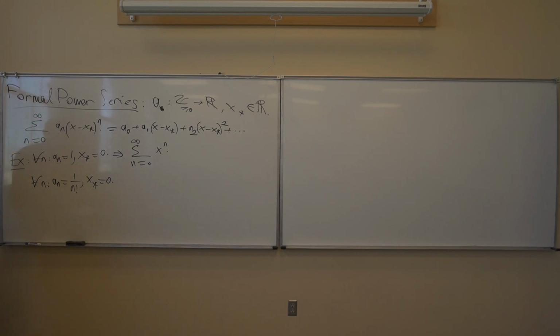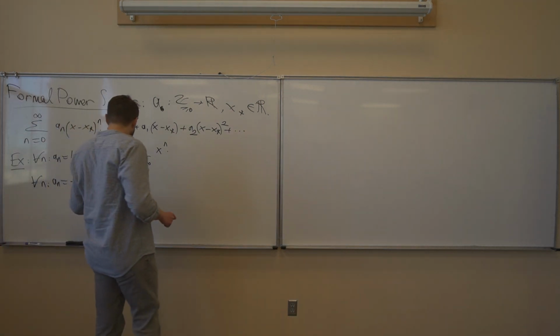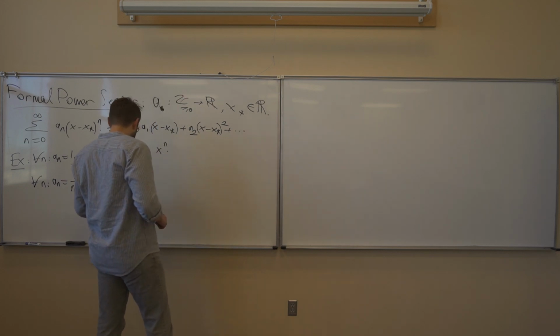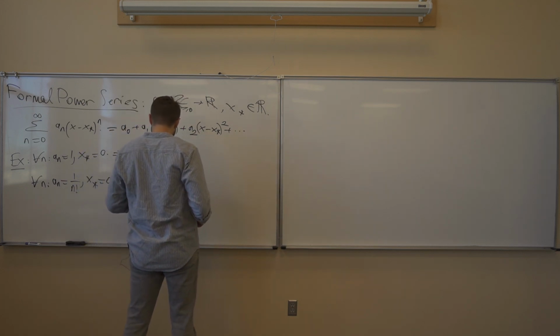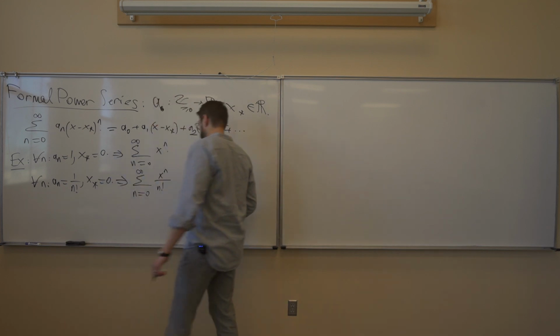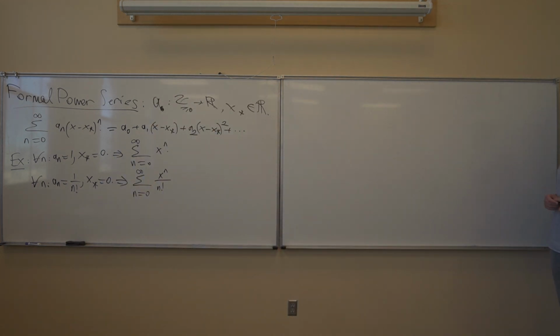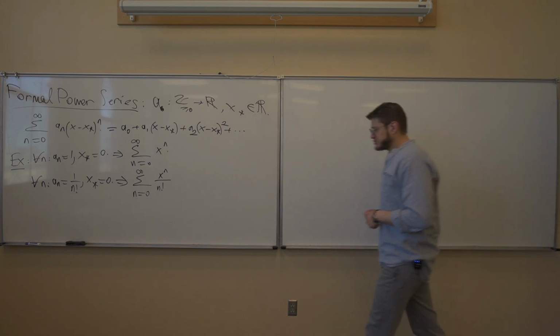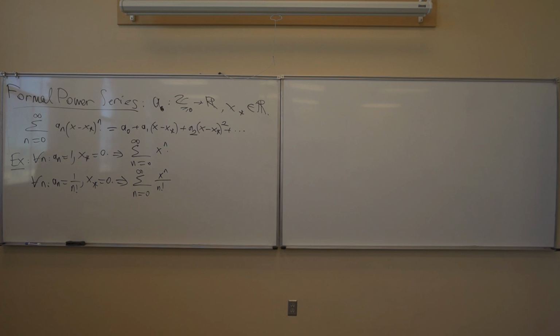I would like to say something more about this. And then here's another standard example. If I were to choose a sub n to be 1 over n factorial, and x star to be 0, then this becomes this. And again, this converges, if you want, by way of the ratio test or whatever test you want.